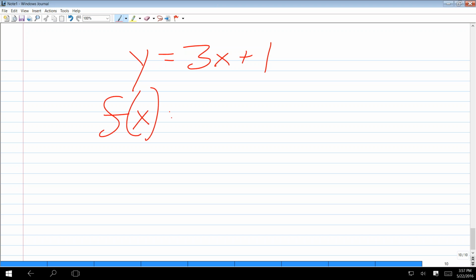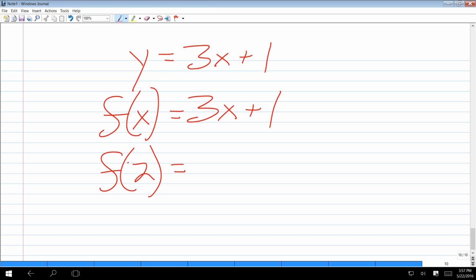Jake? What about functions like f of x and g of x? Okay. F of x is just a different notation for y. In other words, if I have a linear equation like that, I can use this notation, and it's a little more powerful. And the reason it's more powerful is because now I can ask you, well, what's f of 2?